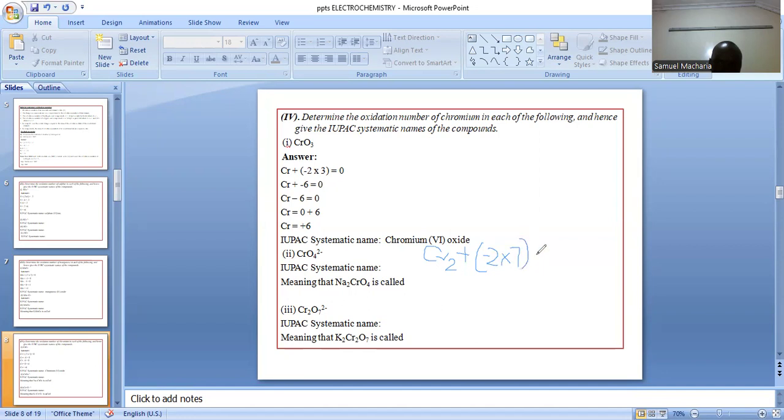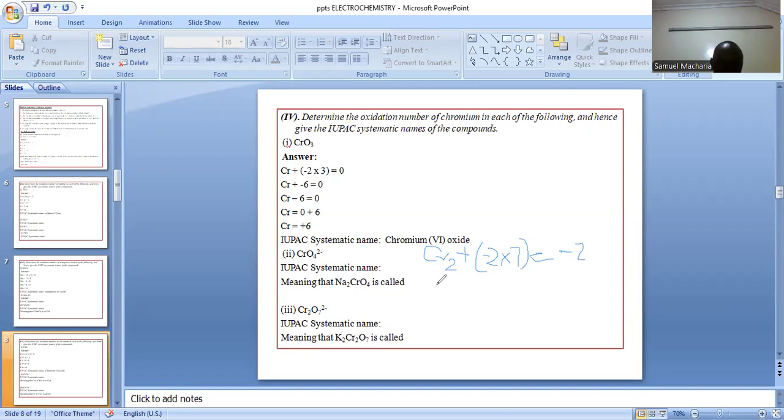The bracket equals the total charge, which is -2. Then we come to the working. -2 times 7 is -14, as you can remember.